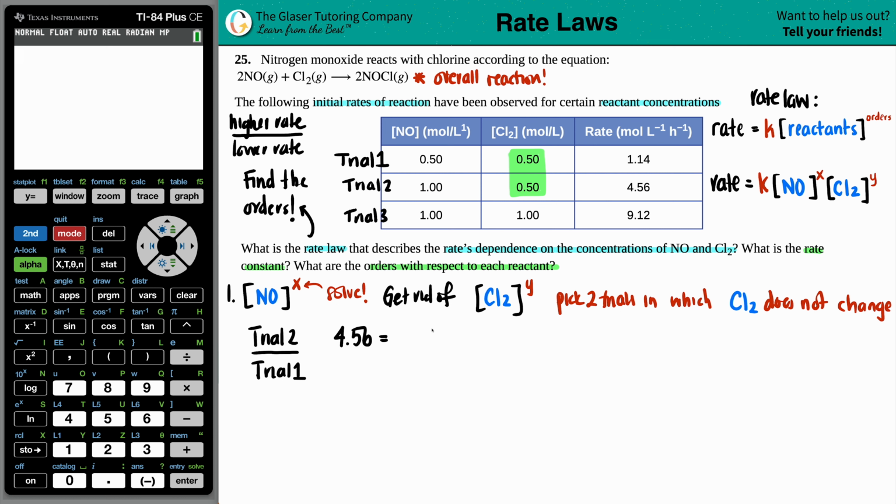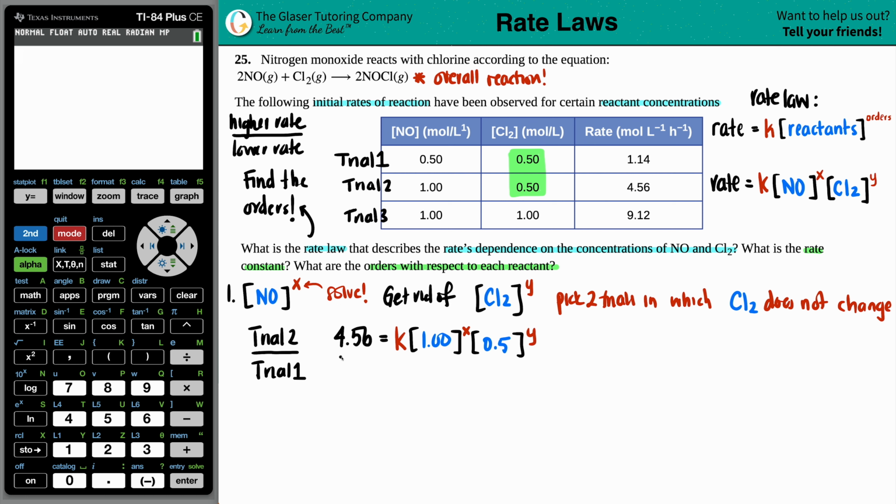They didn't tell us that, so I'm just going to leave it as K. Times the concentrations of trial 2. NO was 1. And Cl2 for trial 2 was 0.5. And now we plug in those variables, right? The NO was raised to the x, and the Cl2 was raised to the y.